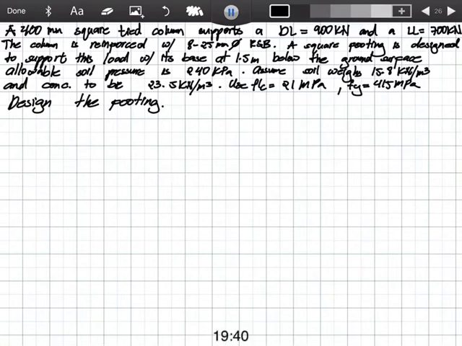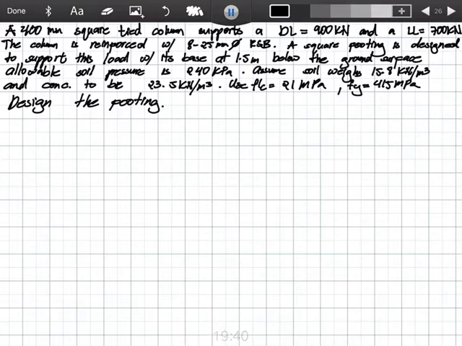Assume that the soil weighs 15.8 kilonewton per meter cube and the concrete to be 23.5 kilonewton per meter cube. Use f'c as 21 megapascal and Fy as 415 megapascal. Design the footing. So, first, we are going to imagine class.